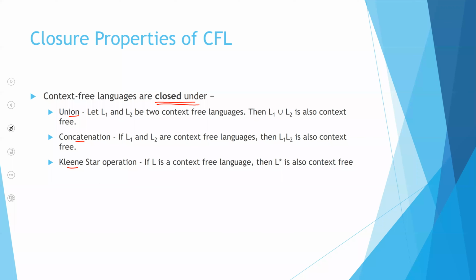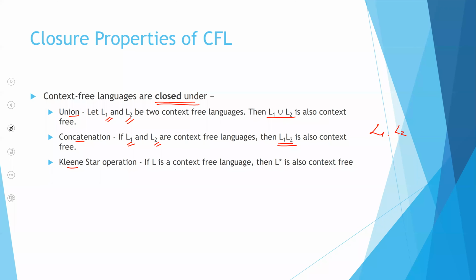Why? In union, if L1 and L2 are context-free languages, you even say that L1 union L2 is context-free. Similarly, if L1 and L2 are context-free, you even say that the concatenation L1 dot L2 or L1 followed by L2, that is also a context-free language.